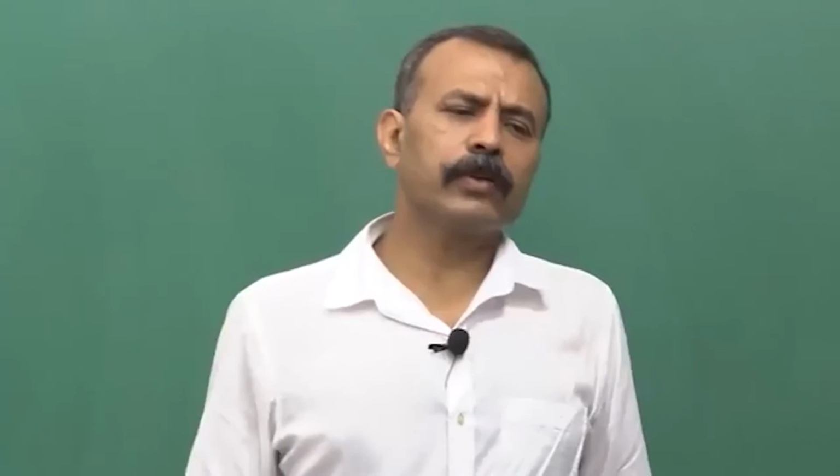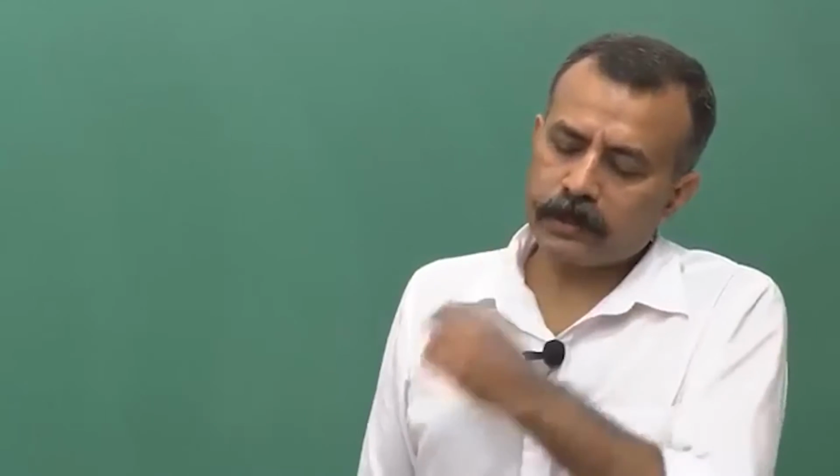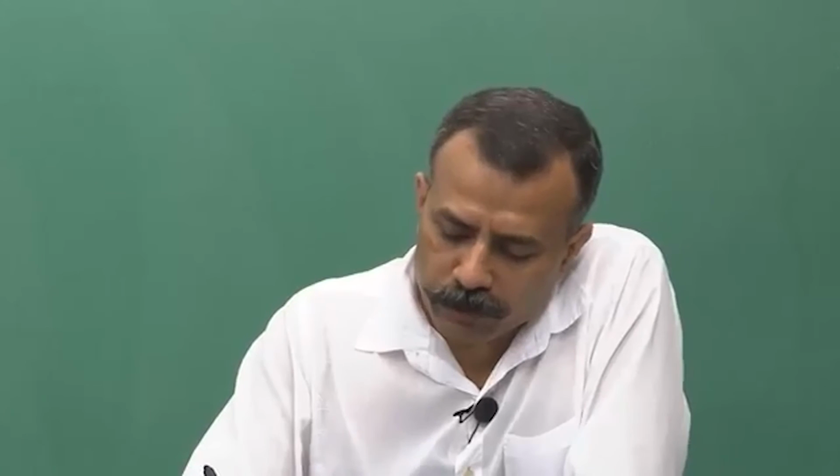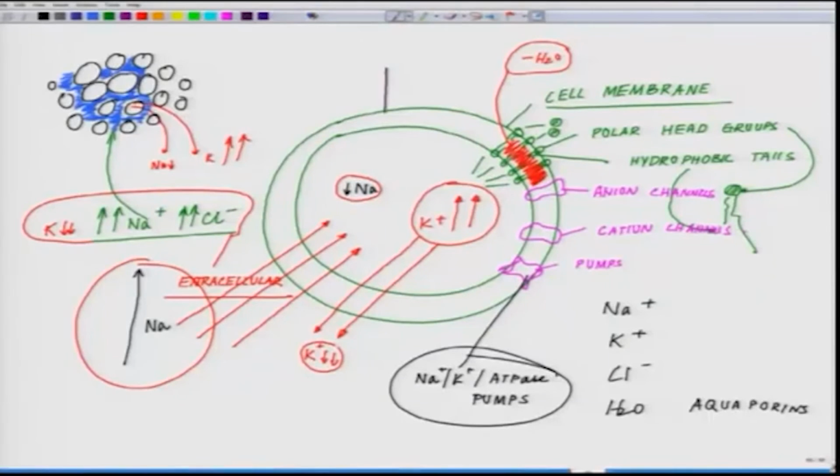Before I get to the charge aspect, there is one interesting thing I needed to point out. If you place an electrode inside the cell, and leave another electrode outside, very close to the cell of course, and take a voltmeter and measure the voltage across the membrane.